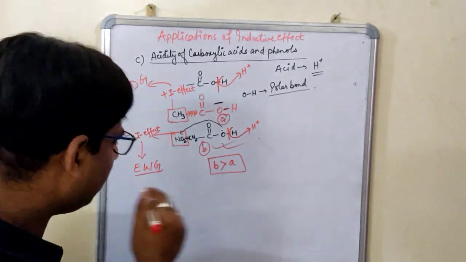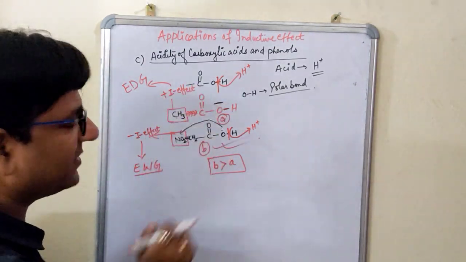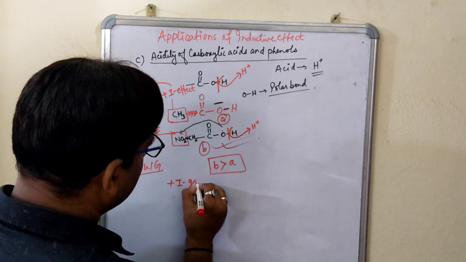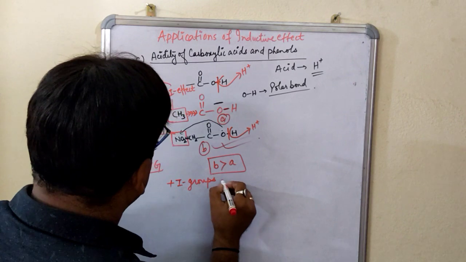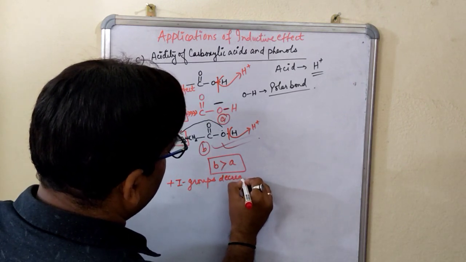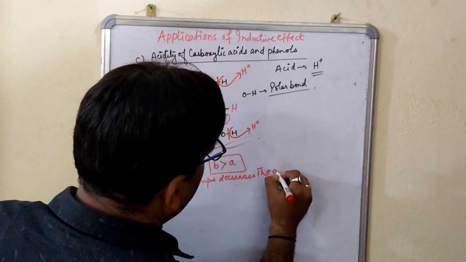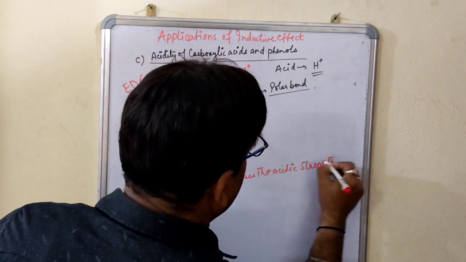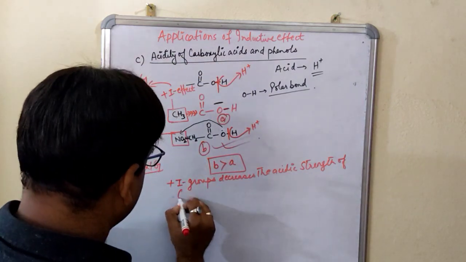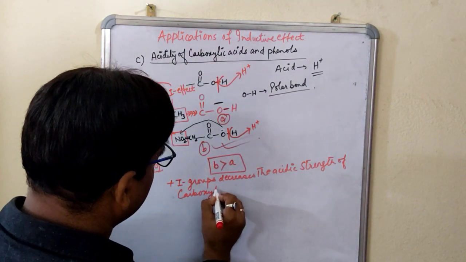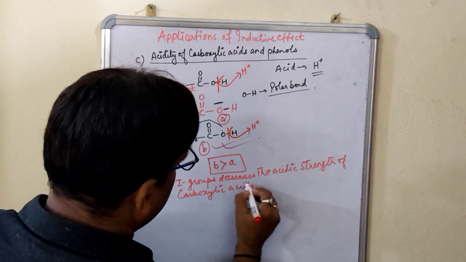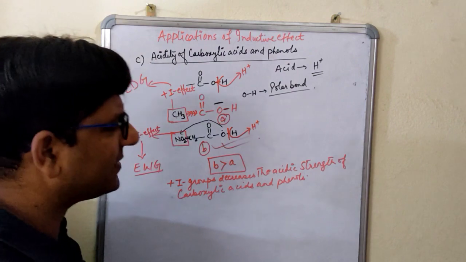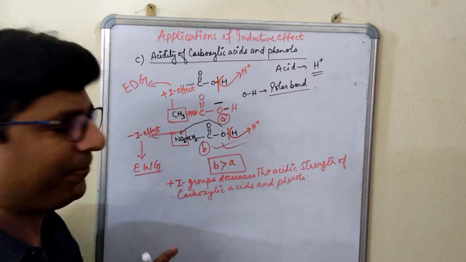Right? So, what is the bottom line of all this explanation? Here you can write that the plus I groups decrease the acidic strength of carboxylic acids and phenols, because as I told you, the same concept will be applied.